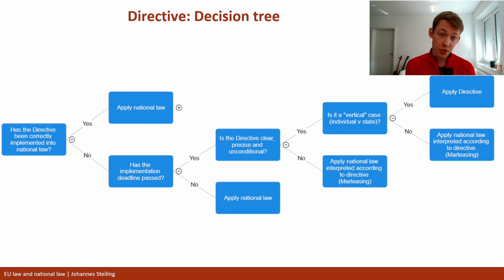I can sue the state and I might be able to claim compensation from the state for the damages I received because the state did not implement, and because of that I lost my horizontal case against another private party, right? So this is basically all I wanted to talk about today.